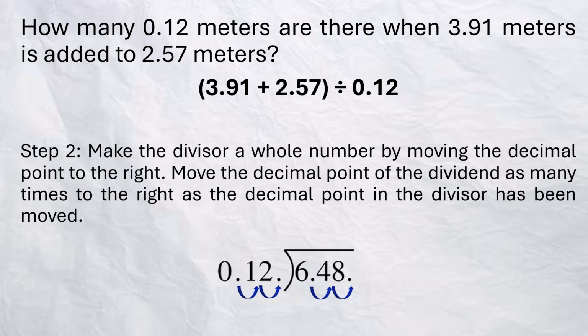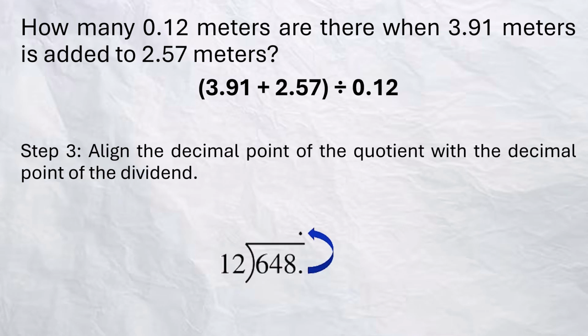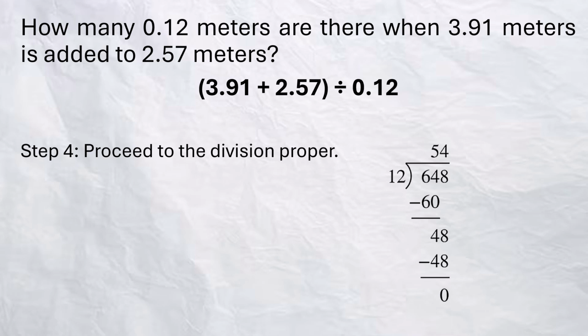Next step, we can now divide our sum, which is 6.48 divided by 0.12. So we move the decimal point 2 times to the right in your divisor and 2 times to the right in your dividend. Then make sure that your decimal point in your dividend is aligned to your quotient. And then lastly, we can now proceed to division.